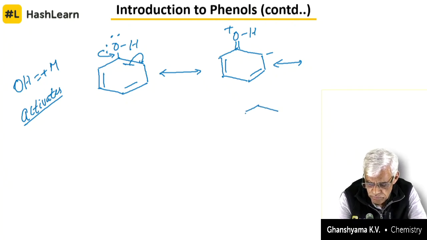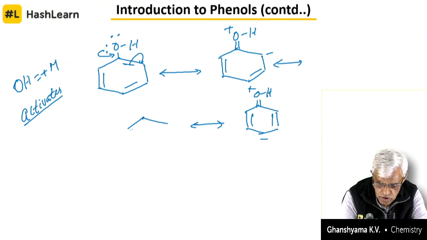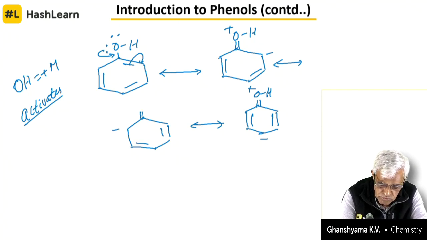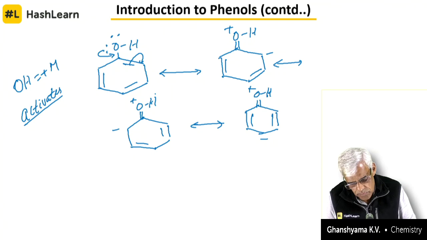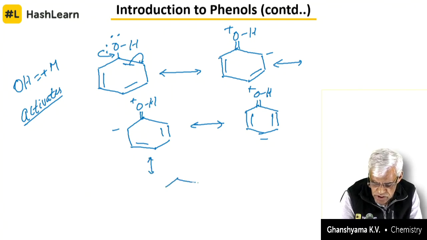Similarly, you will have para position with excess of electron density. And then again at ortho position you will have excess of electron density. Therefore, OH group is ortho para directing group.